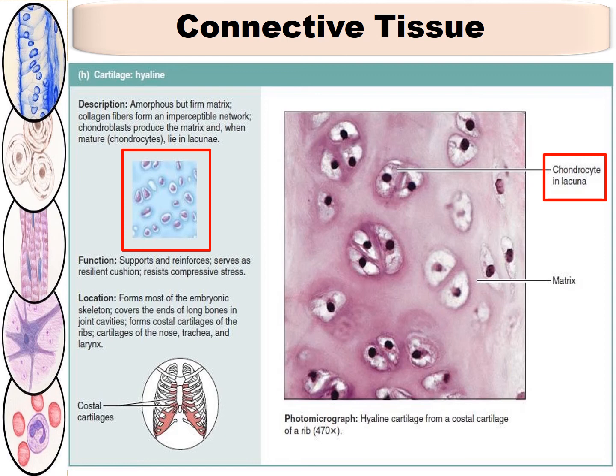The cartilage of the nose, the trachea and the larynx are also important locations of hyaline cartilage. Here you can see the photomicrograph of hyaline cartilage from the costal cartilage of a rib.